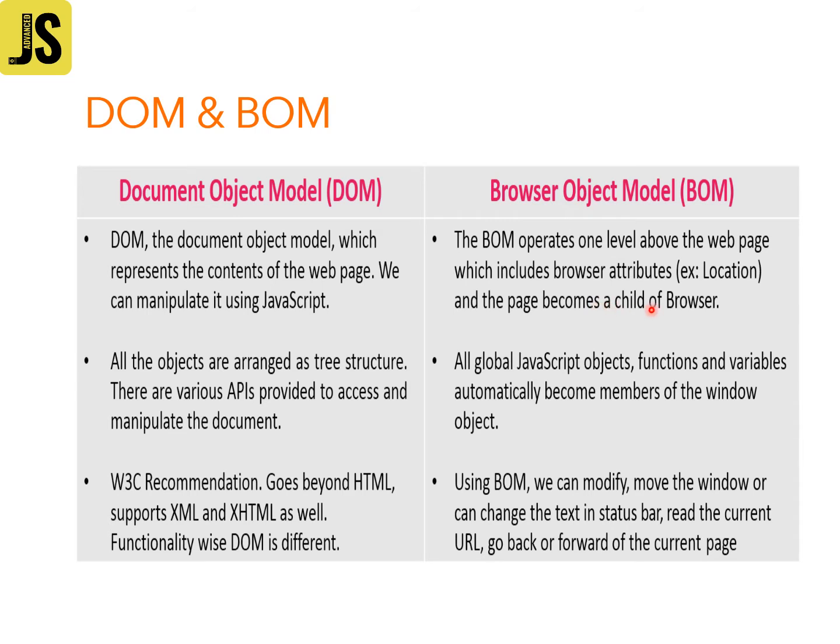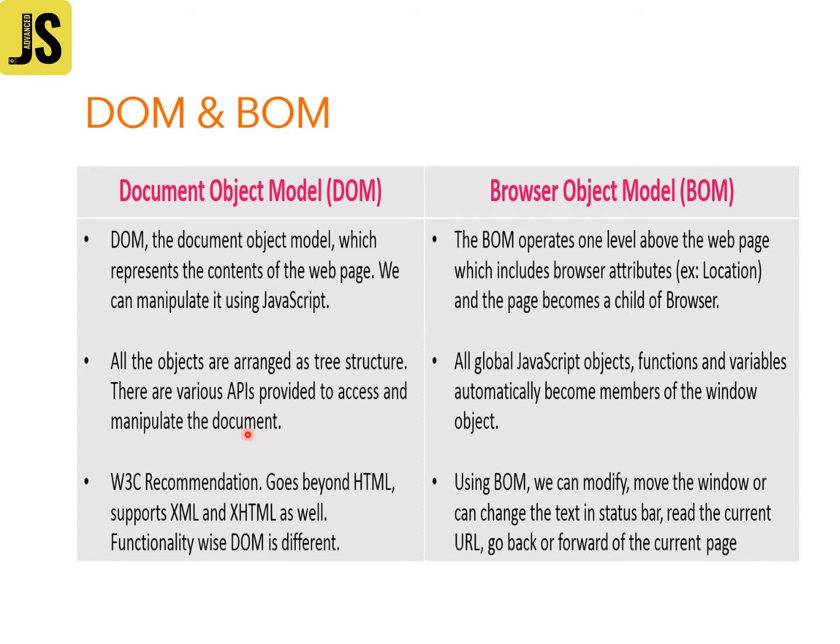So actually we can see that the DOM is a child of the BOM. BOM is related to the browser where the corresponding DOM should be displayed. The next point is all the objects are arranged in a tree structure. There are various APIs provided to access and manipulate the document.